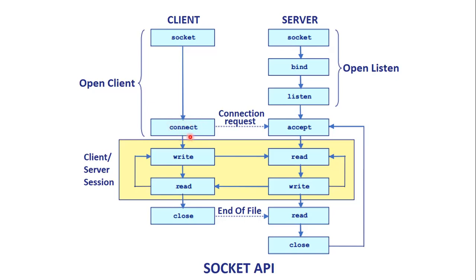Once it executes the connect function, the connection request goes to the server, because in the connect function you are mentioning the server's IP address, so the request automatically reaches this program, because in this program you have mentioned the port address and all these things. Once the request has reached the server, the server executes the accept function, and once the request is accepted, then both of them can send and receive the data.